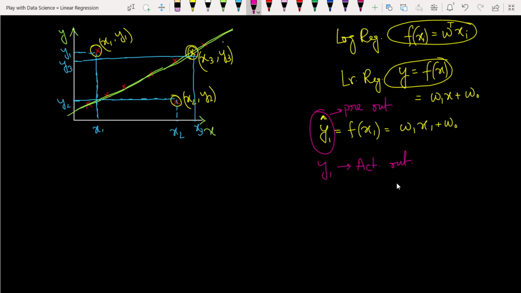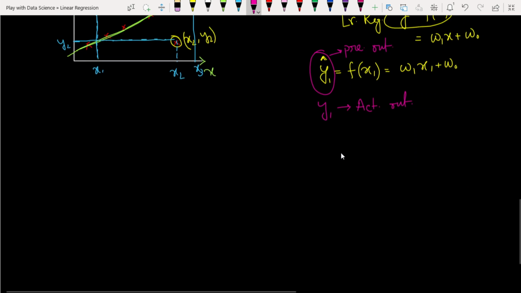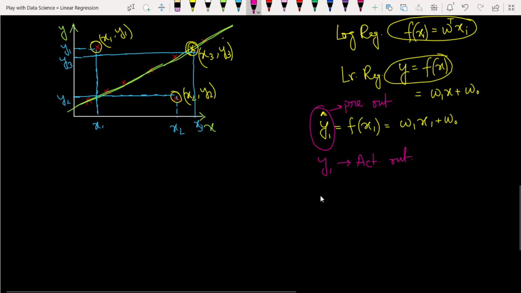Our actual output minus the predicted output. For this point x1 we call it error 1. So error 1 will be our actual output y1 minus our predicted output y1 hat.